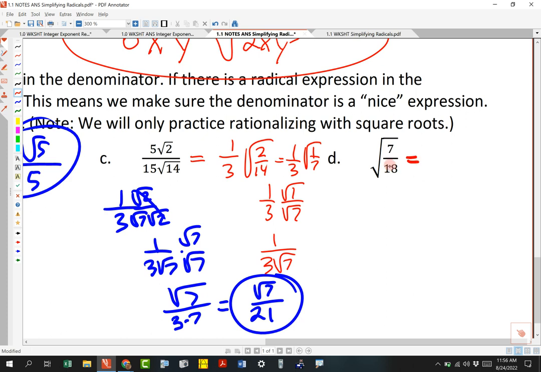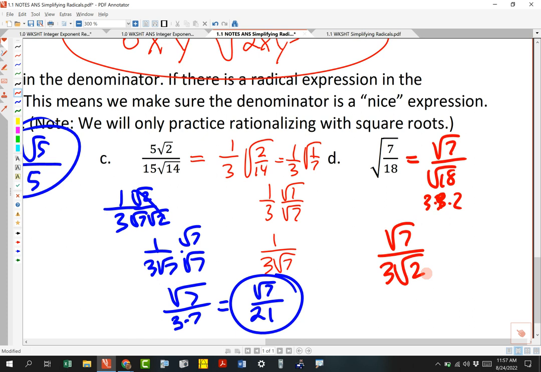It's underneath the same radical, and I can't simplify 7 over 18. But I can think of this as 9 and 2, or that's 3 and 3. So I have radical 7 and a 3 outside and a 2 stuck underneath.